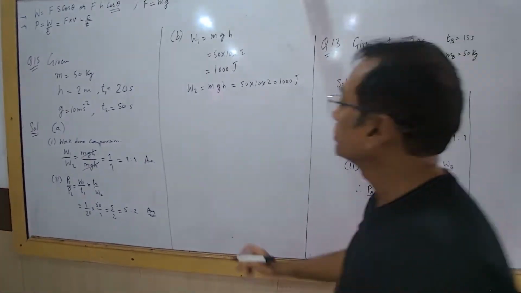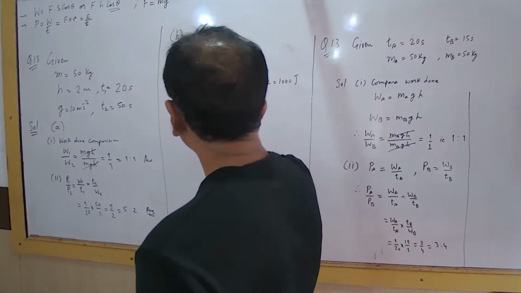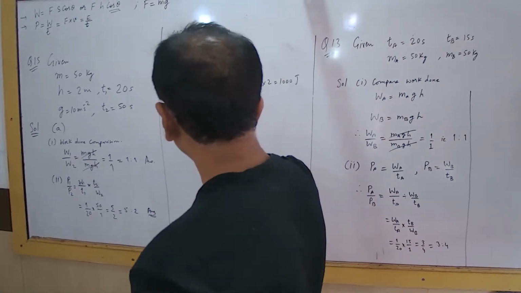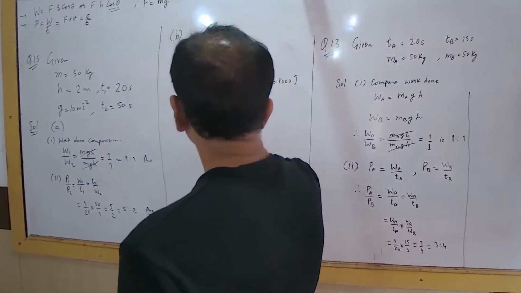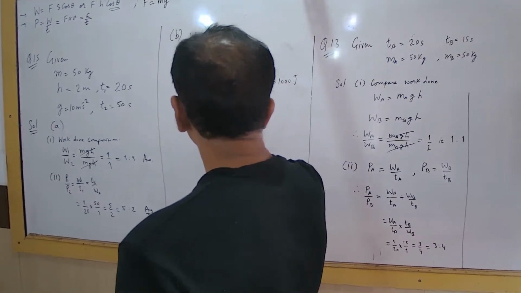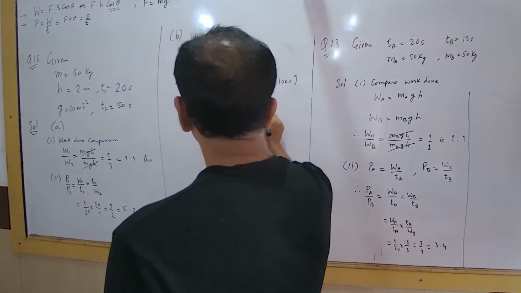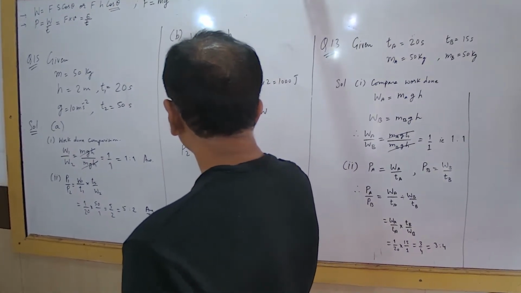Then you have to find out power. What is P1? W1 upon T1. So this is 1000 divided by 20. So this is 50 watt. What is P2? So can we name the man as man A and man B?